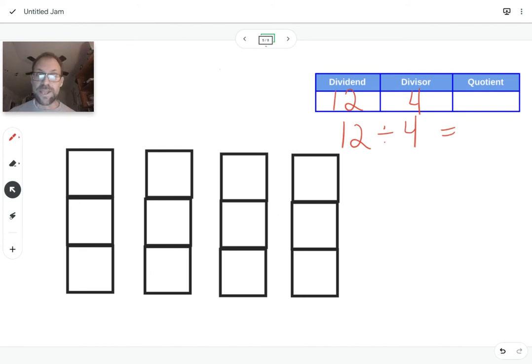So we have 4 equal size groups of 3, right? 1, 2, 3. 1, 2, 3. 1, 2, 3. 1, 2, 3. Let me slow down and back up. 12 divided by 4 is 3. 3 is our quotient, the answer to our division problem, which means how many are in each equal size group.